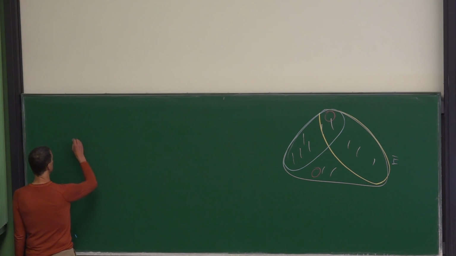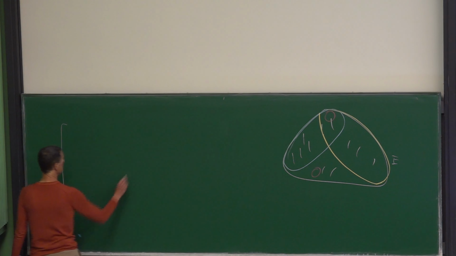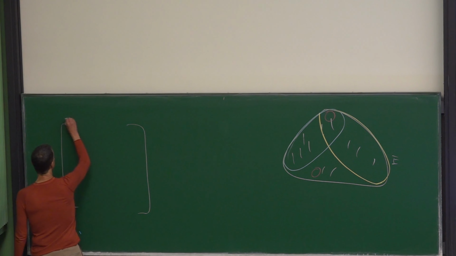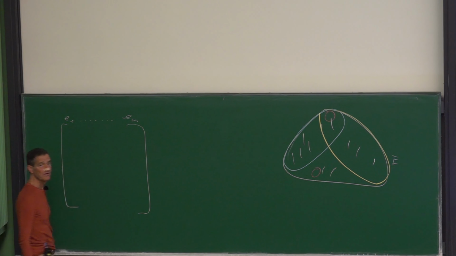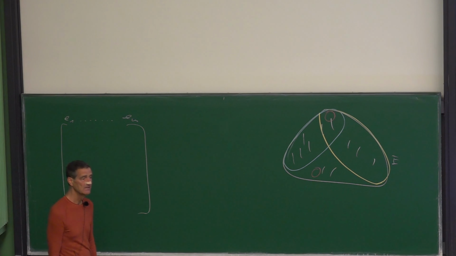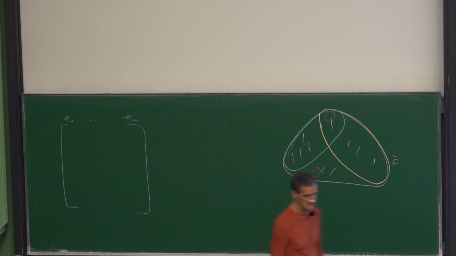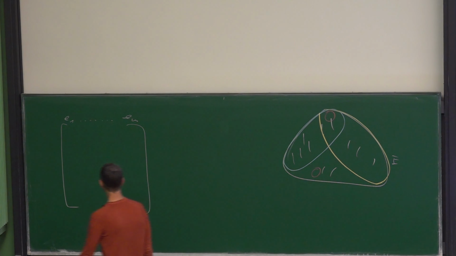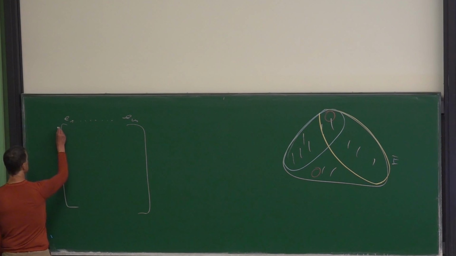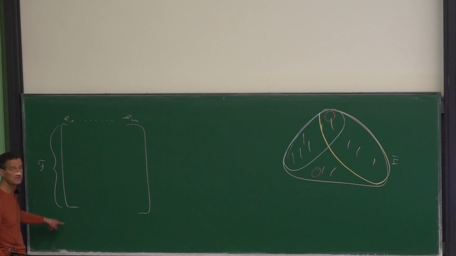So write down a matrix, and for every edge, we take a column. And then I want the elements of the subspace, curly F, to correspond to the rows.